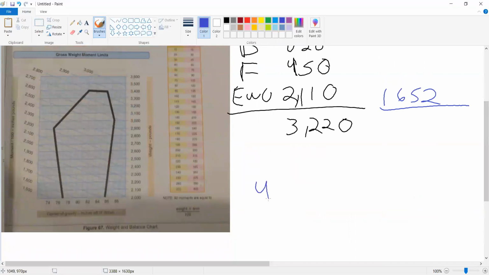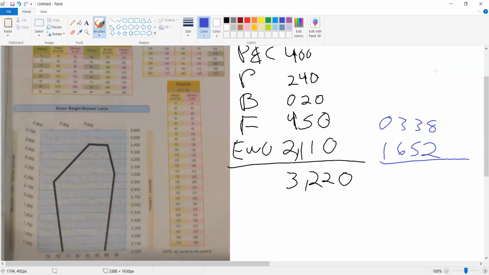So that's going to be 450 times... Oh, 338 is given. I didn't see that. So we saved a step. 338. Okay, next. Baggage. Baggage is 20. It's given there. That's 30. So we're good there.